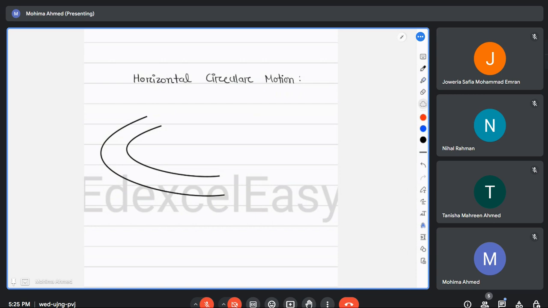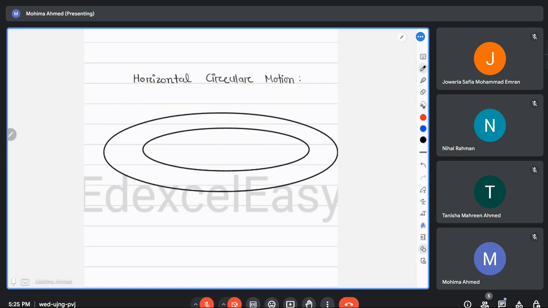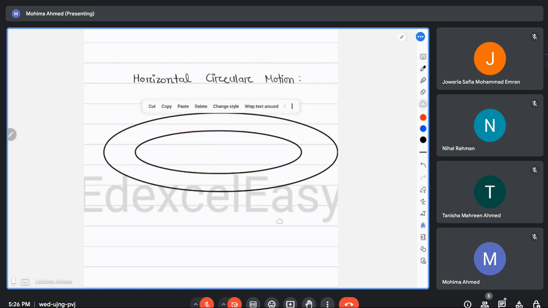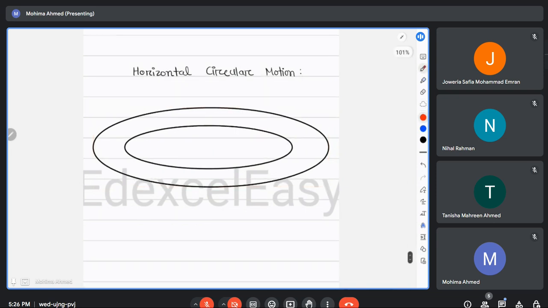Now over here, I think I should have drawn a circle. That would be better. One minute. Okay. Now in this case, for example, up to this point, there's a car or cart, whatever it is, traveling on this circular pathway.